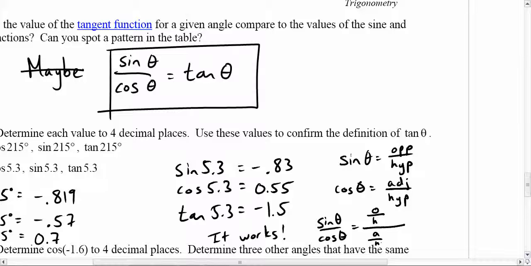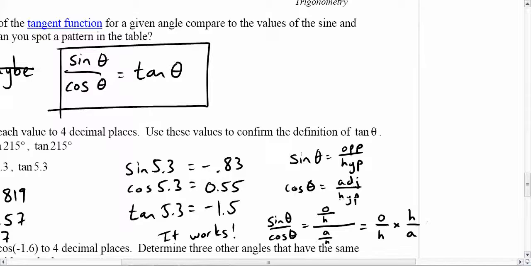And if you divide two crazy fractions like that, you can multiply by the reciprocal: O over H times H over A. And the H's cancel off, and you're left with opposite over adjacent, which is tangent.